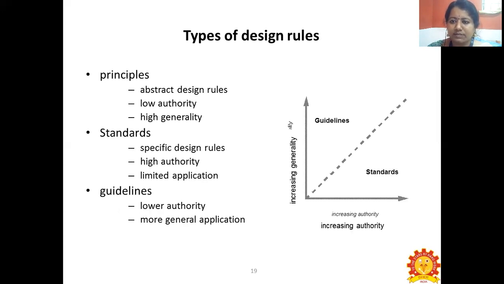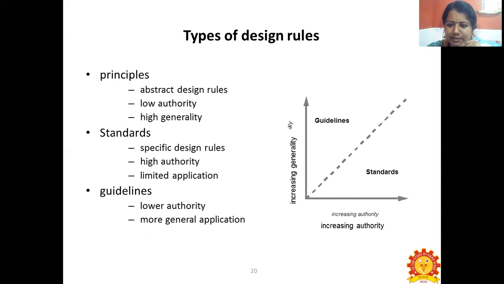Next, we are going to see the types of design rules. Under the types of design rules, we'll have principles, standards, and guidelines. Principles are abstract design rules with low authority and high generality.